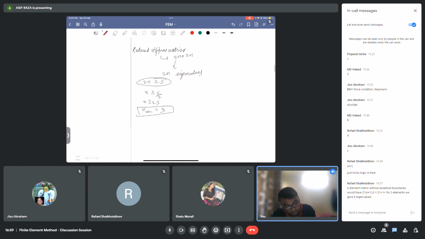Because if we take two elements, 1 2 3, this is 1 2 3 4 5 6, 6 minus 2 gives me 4. So we won't be able to capture our fifth natural frequency, so we need at least 3 elements.